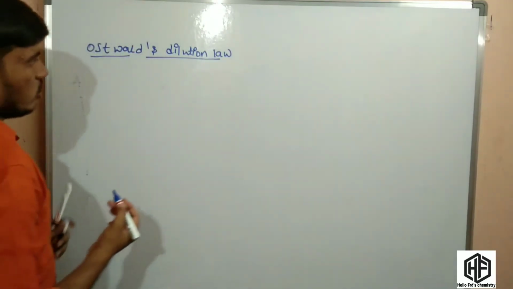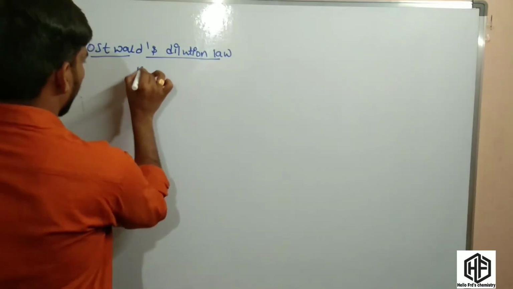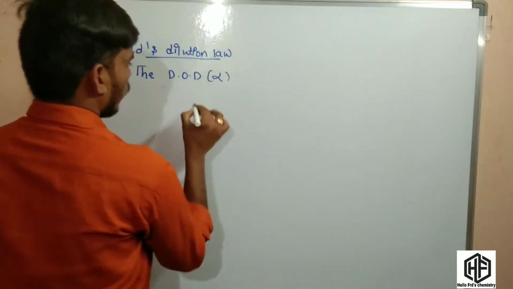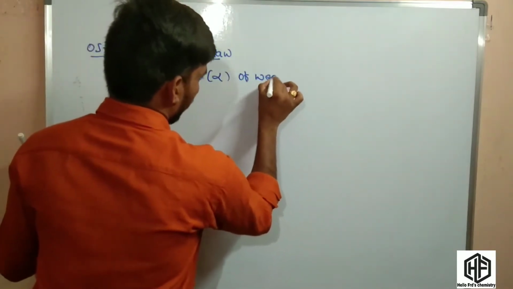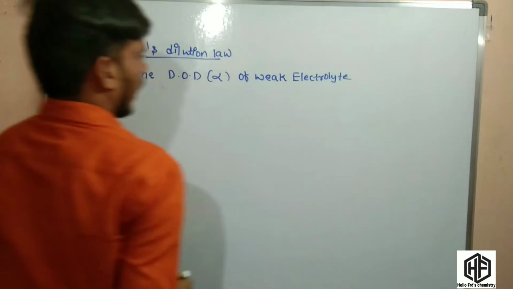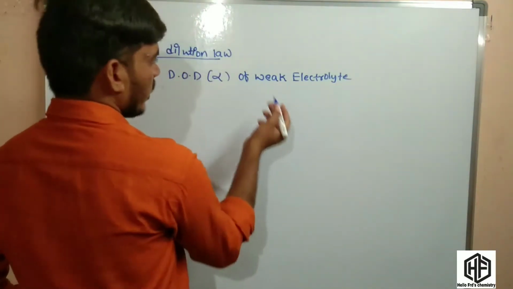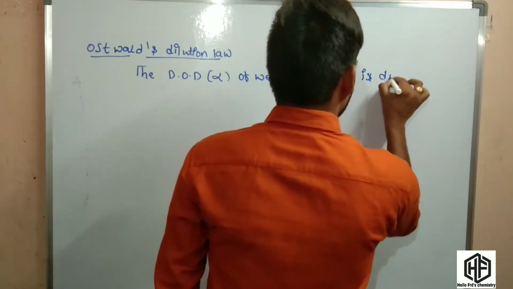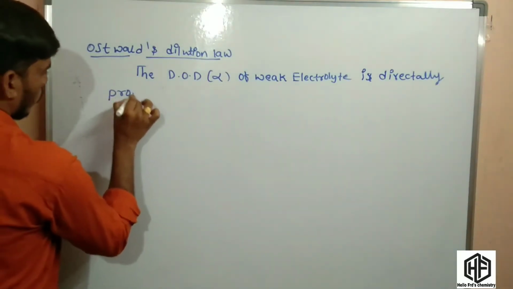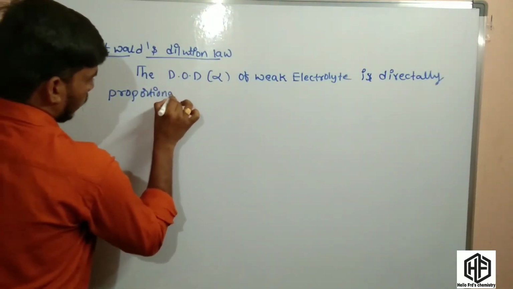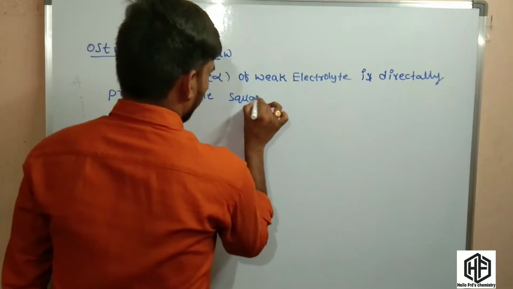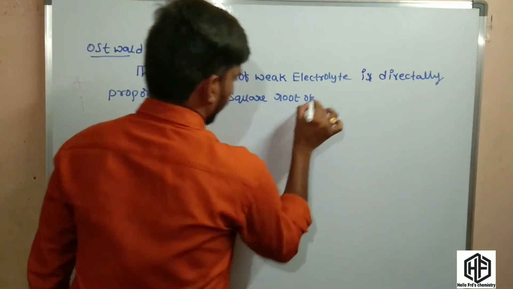Friends, what is the Ostwald dilution law? Ostwald dilution law is: the degree of dissociation alpha of a weak electrolyte is directly proportional to the square root of dilution.